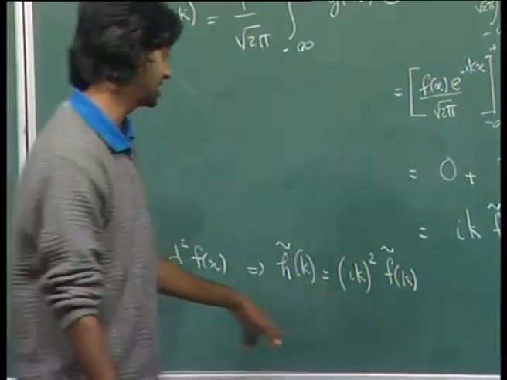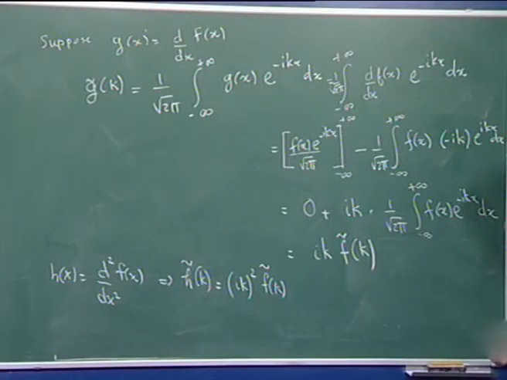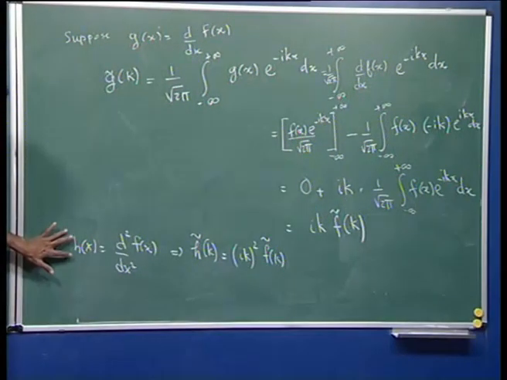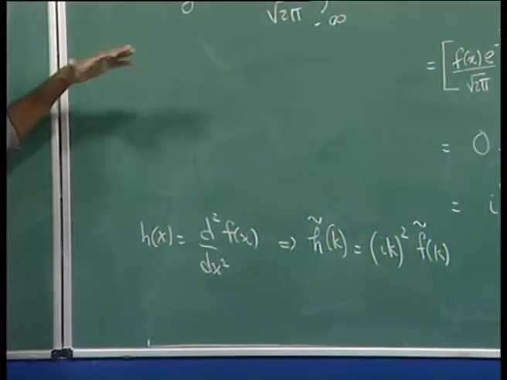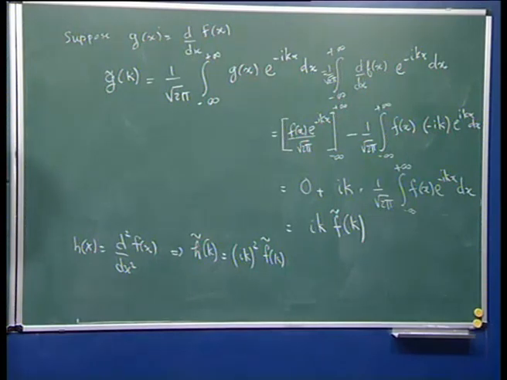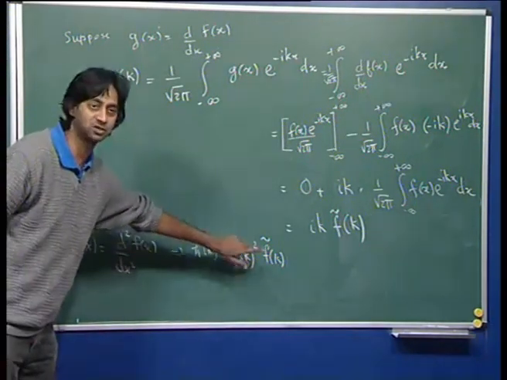Each time you have a derivative you get a factor of i k. So, this is one useful property, and it is what we will use to convert differential equations into algebraic equations. Instead of derivatives you just have multiplicative factors of i k.